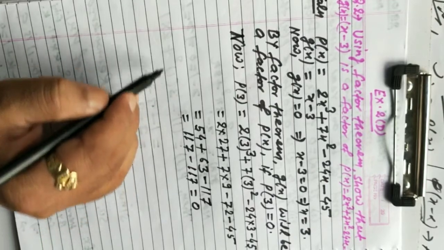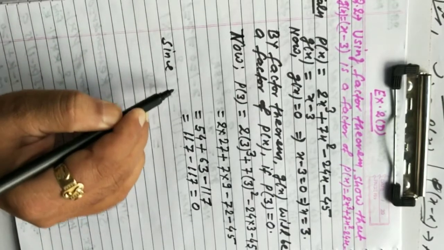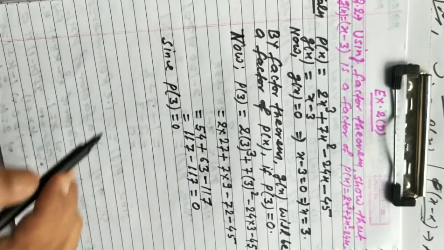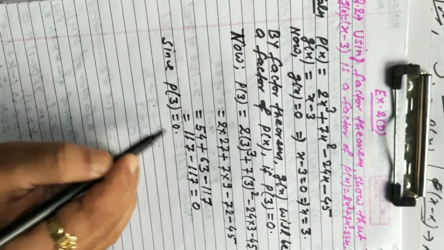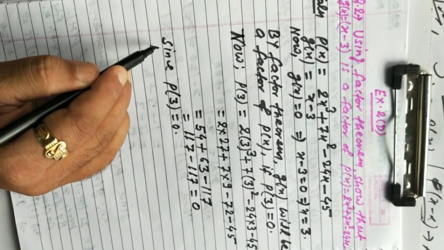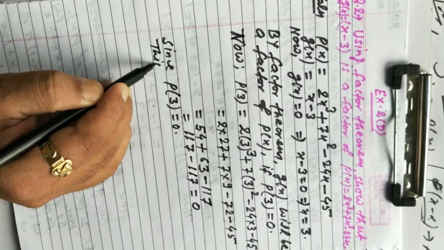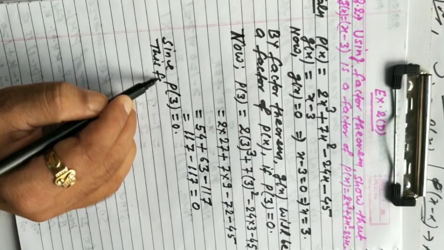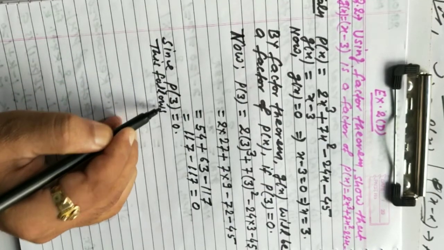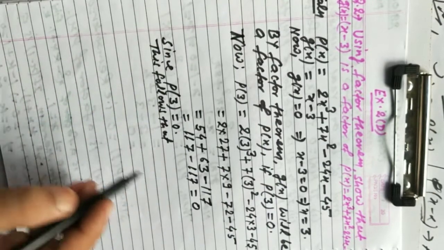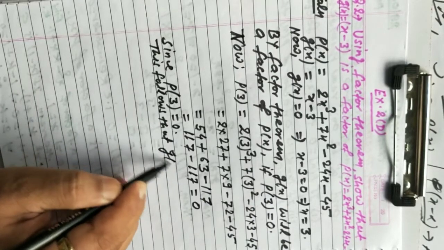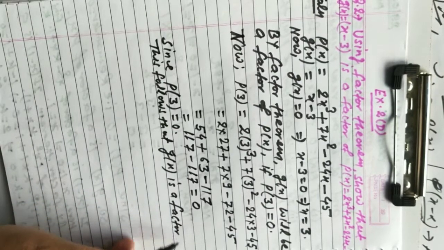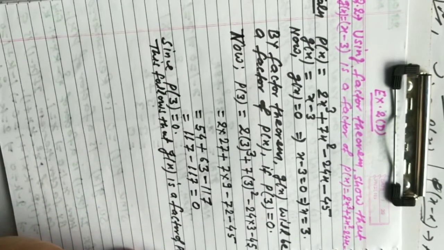So now write here, since the value of the given polynomial at x is equal to 3 is equal to 0, this follows that g(x) is a factor of p(x).